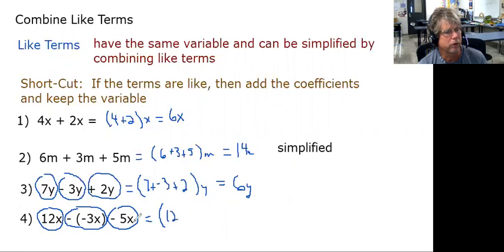But remember, the opposite of a negative 3 is the same thing as a positive 3. So that's really just a plus 3. That double negative means it's really a positive 3. So that's easy to fix. And then we just have that negative 5 there on the end. So those are the numbers that we're putting together. And then the x is our variable on the end there.